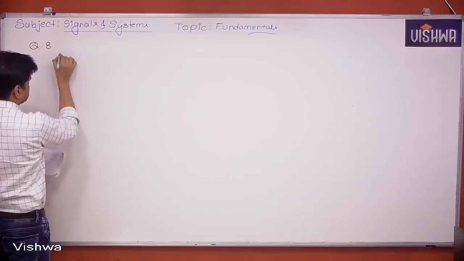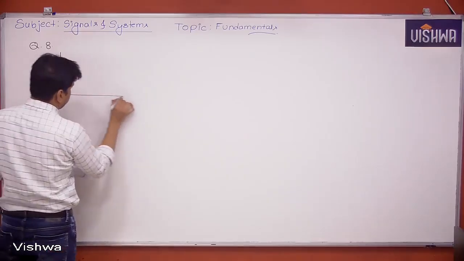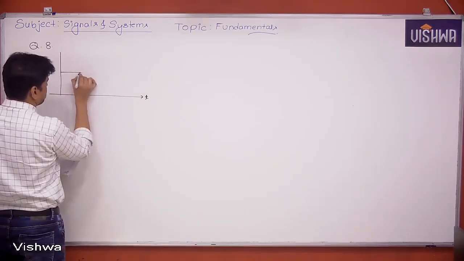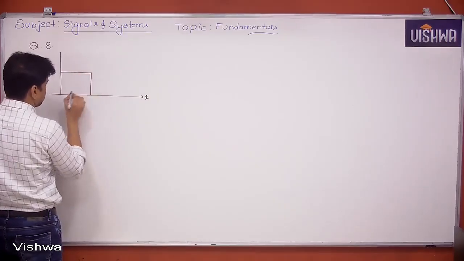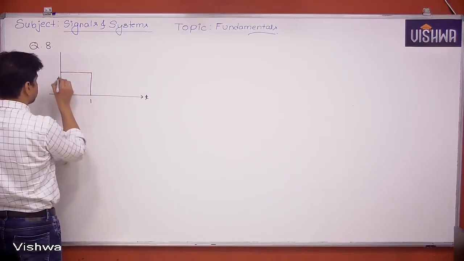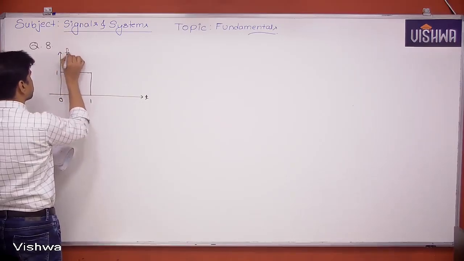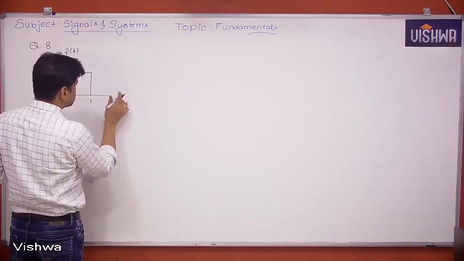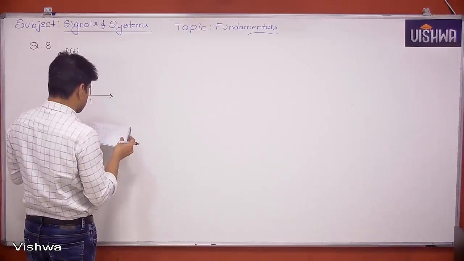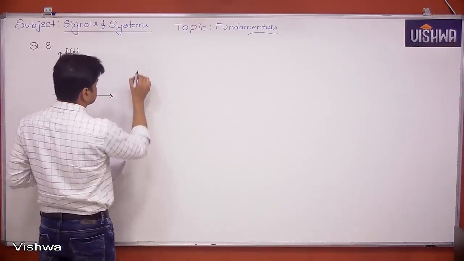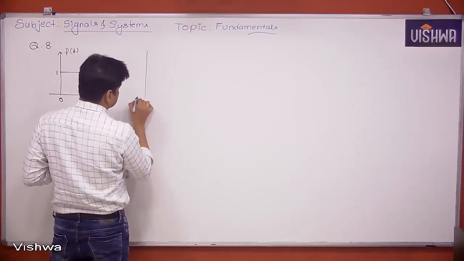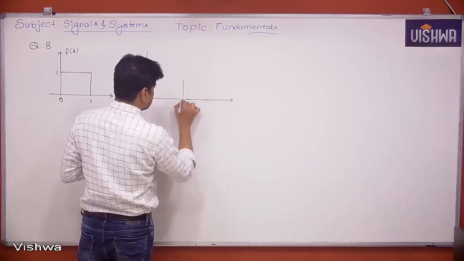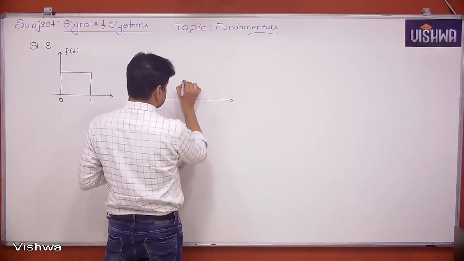It is given like this: f of t, and they have given g of t, which is like this.